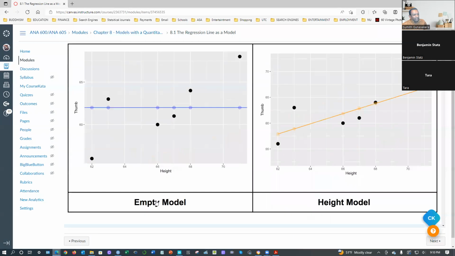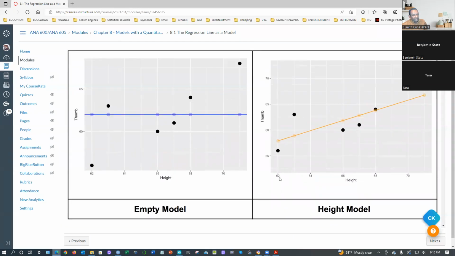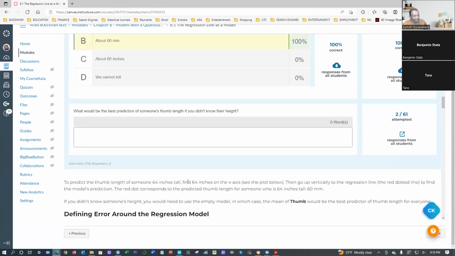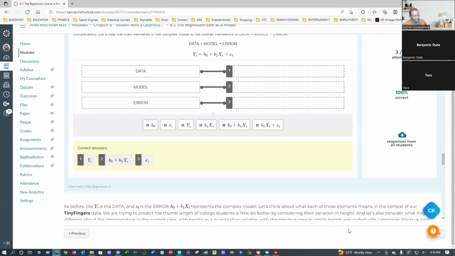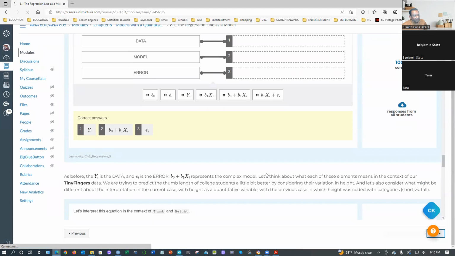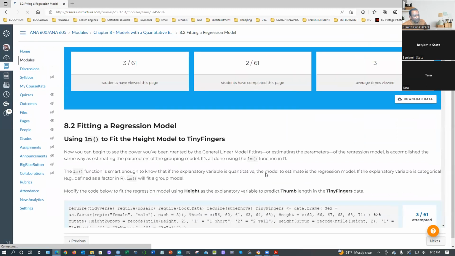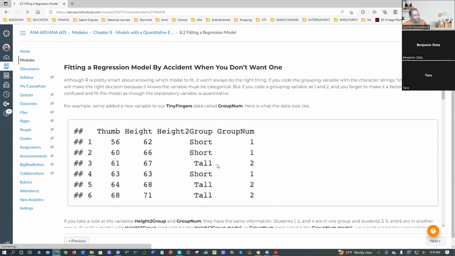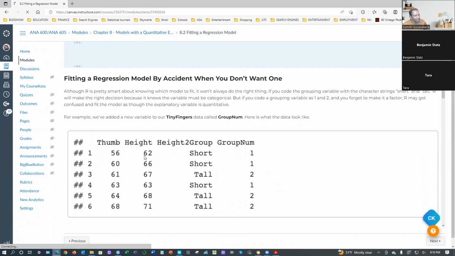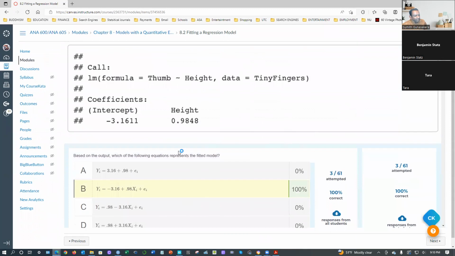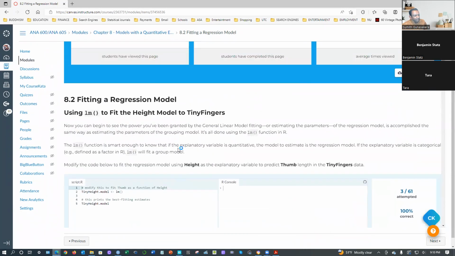Let's say 62 to 70. I can get it from the other side. 62 to 71. No, I'm sorry, that's not right.